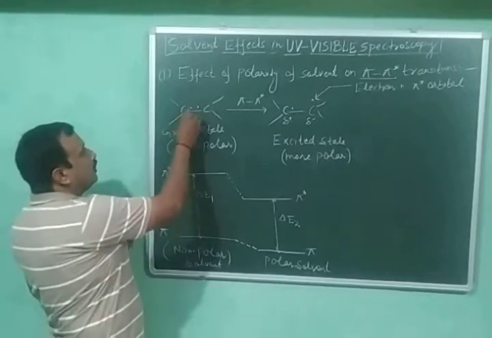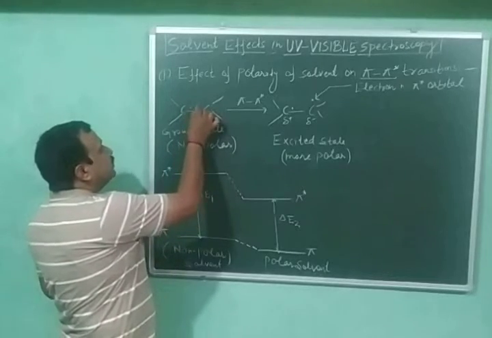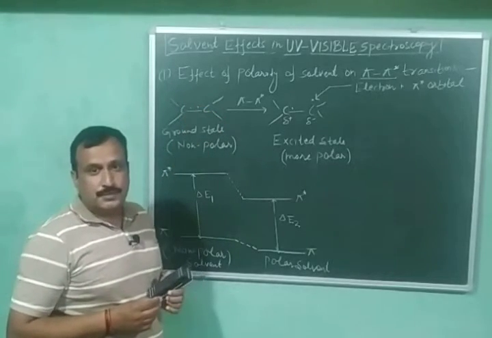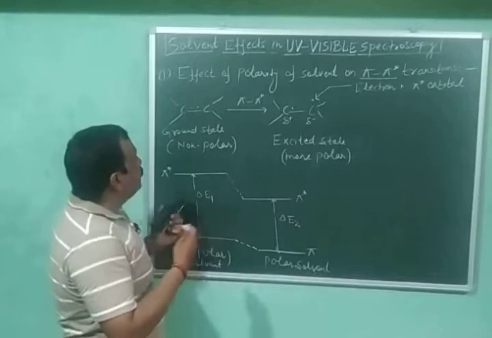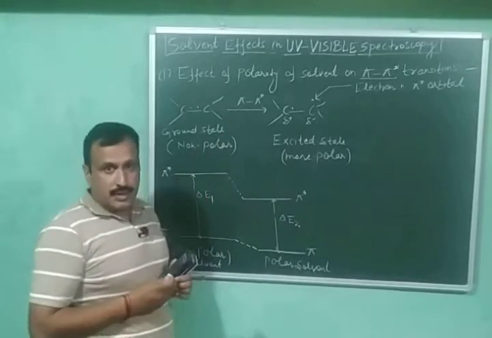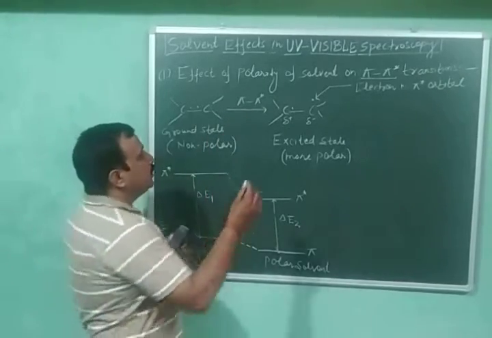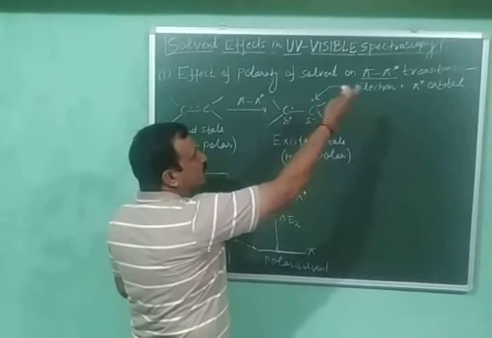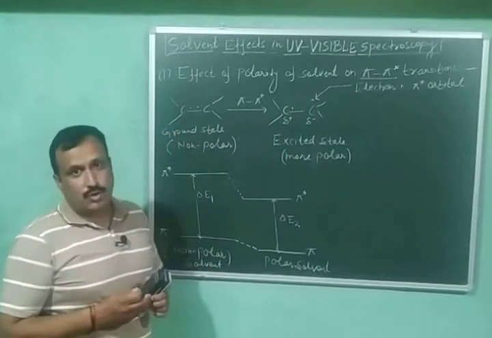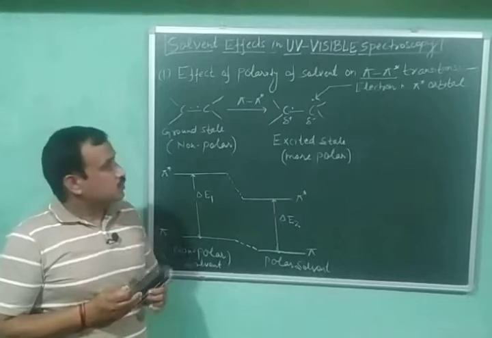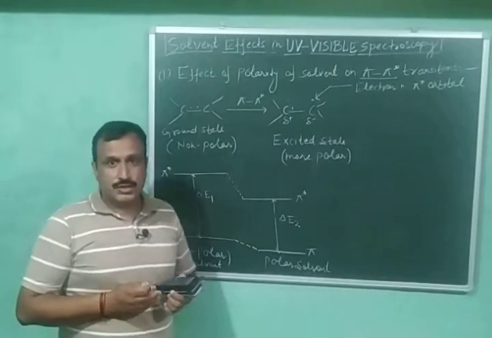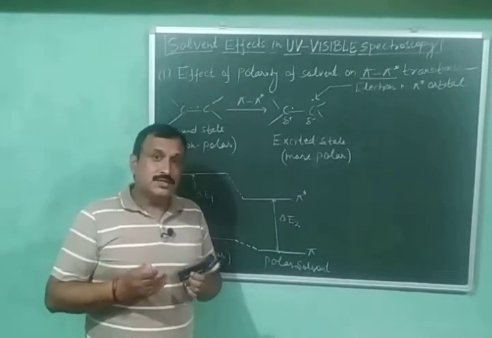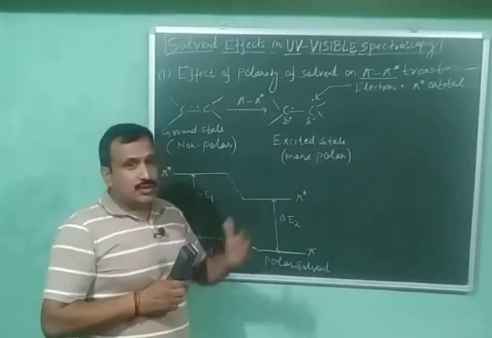So here we have a double bond, and these are the two pi electrons of a double bond. After undergoing pi to pi star transition, one of the electrons will be excited to the anti-bonding pi star molecular orbital. So here is the representation of this transition.